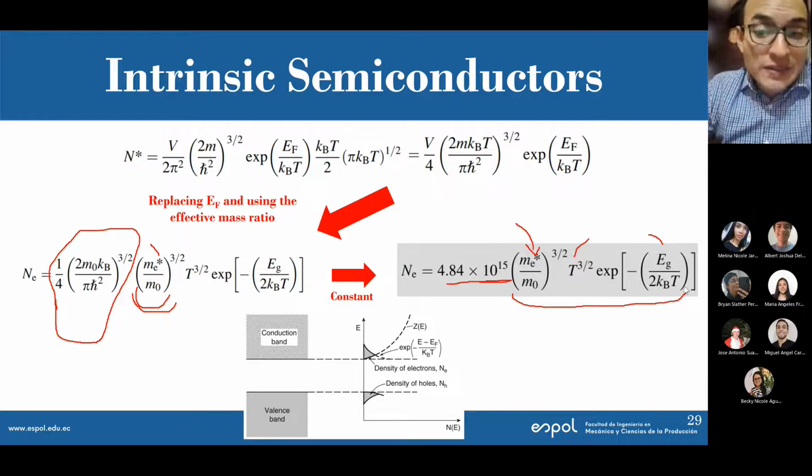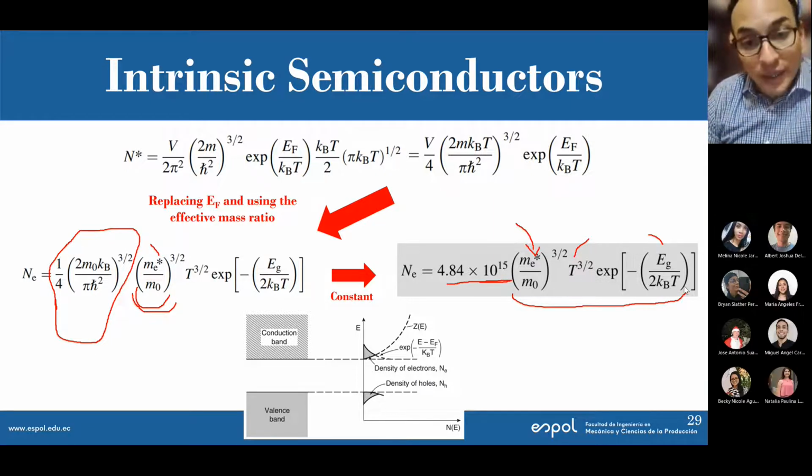So you can definitely see that the number of electrons in the conduction band is a function of temperature and a function of the energy gap, as we expected, right? And you can see there is an exponential term right there, and that is quite interesting, right?